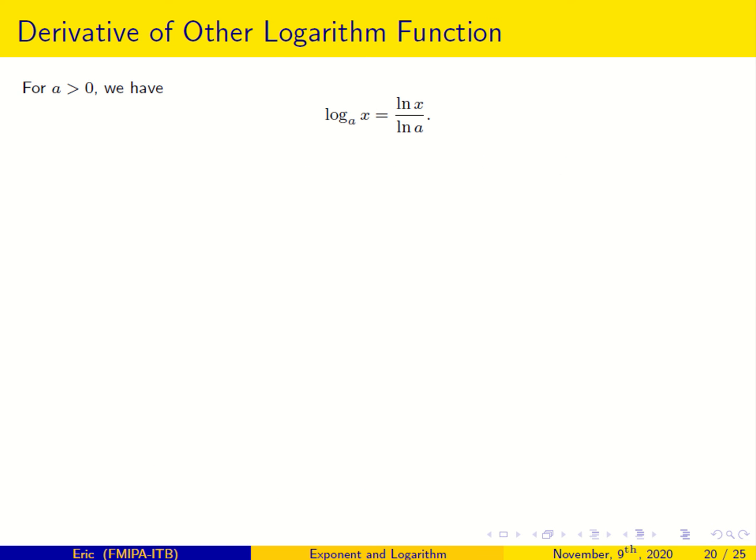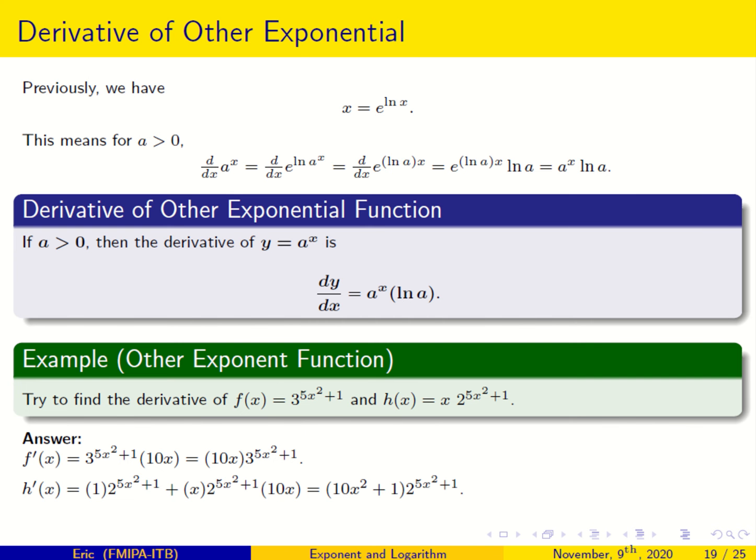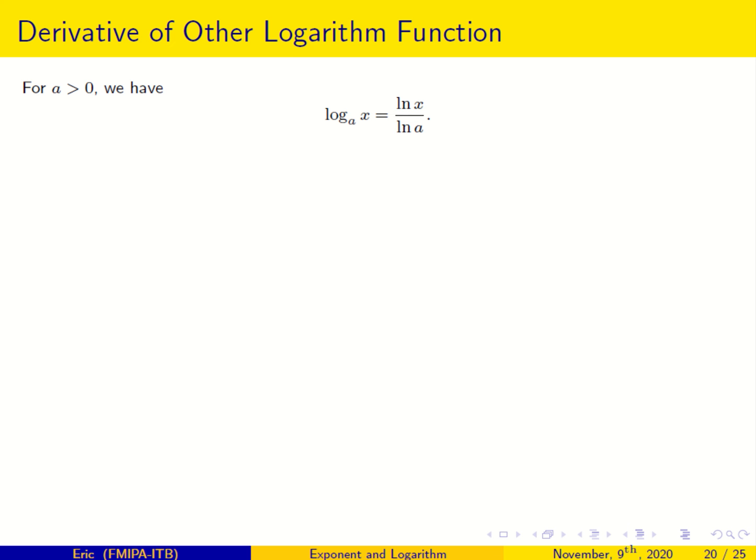So what about other logarithm functions? I have the logarithm with base a, where a is positive and a is not 1. The derivative of the natural logarithm of x is 1 over x.